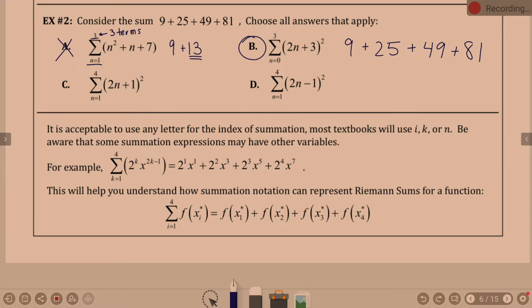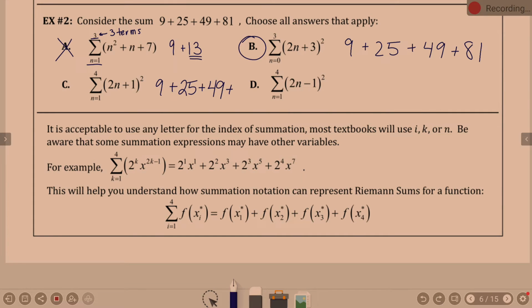Okay. Try C. Does C work? Have you guys worked ahead? No? Let's see. If I plug in 1, 2, 3, 9 is good. Plug in 2, 25. Plug in 3. That's 6 plus 1 is 7 squared, 49.